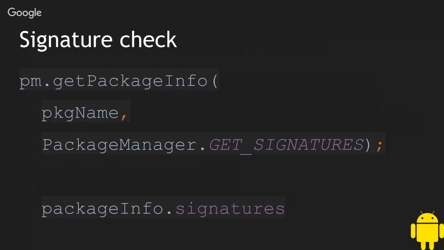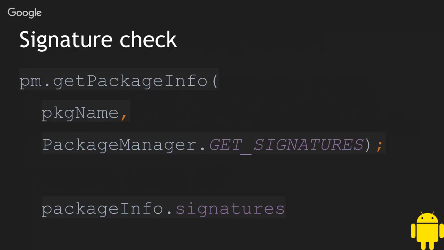What you can do inside your application to protect from the hackers? You can verify your signature. For instance, you can query the package manager and get the signature of your application. And then when you have your signature, you can compare it to some constant that you bundle inside your application.